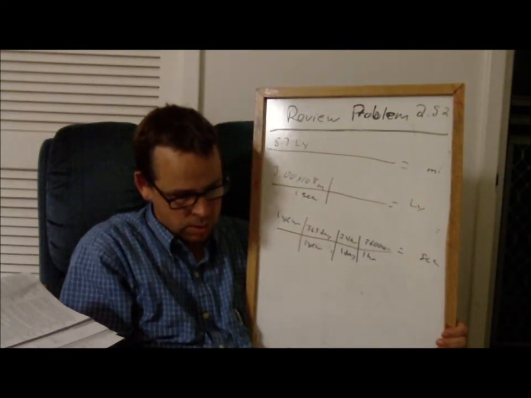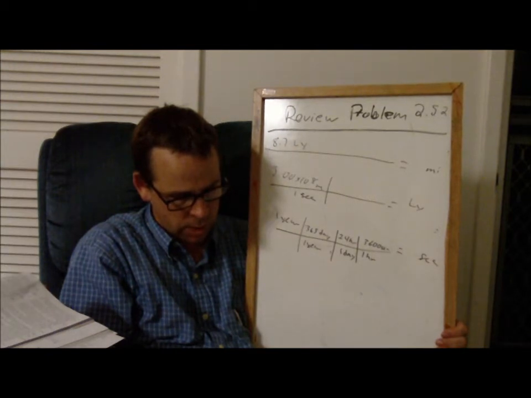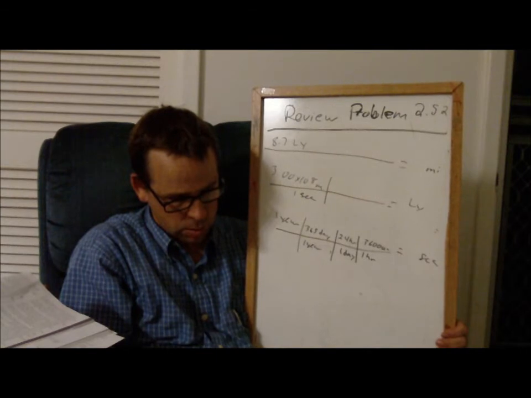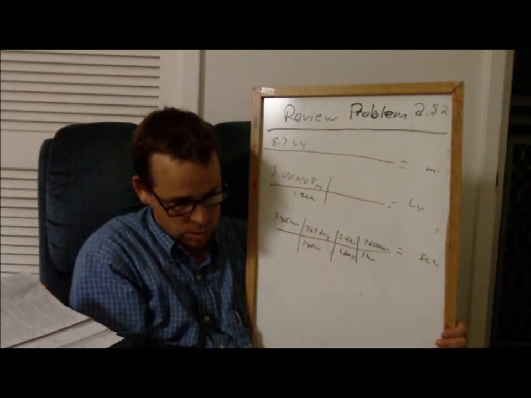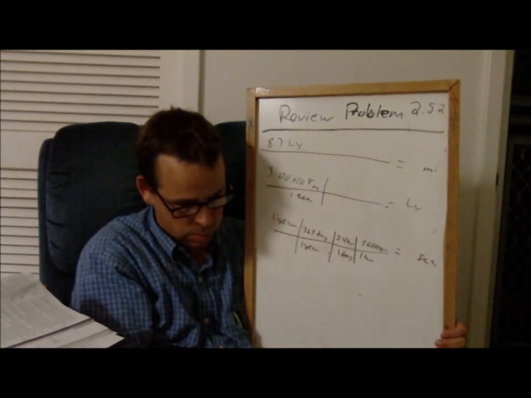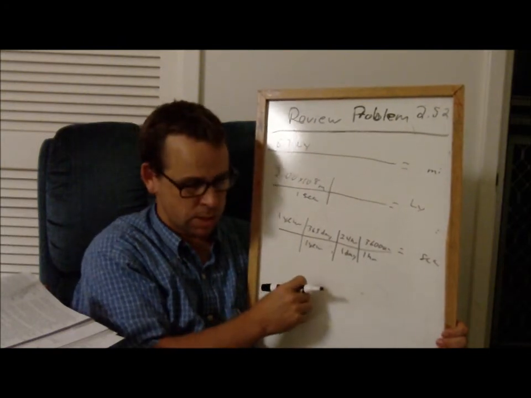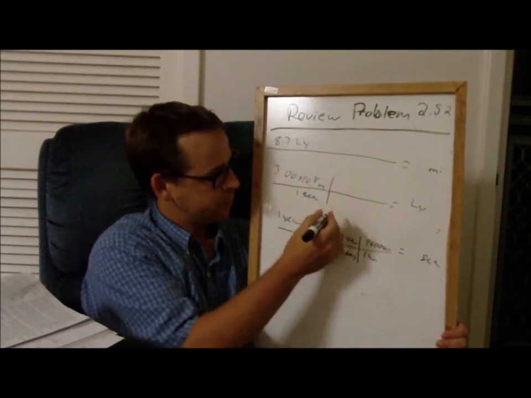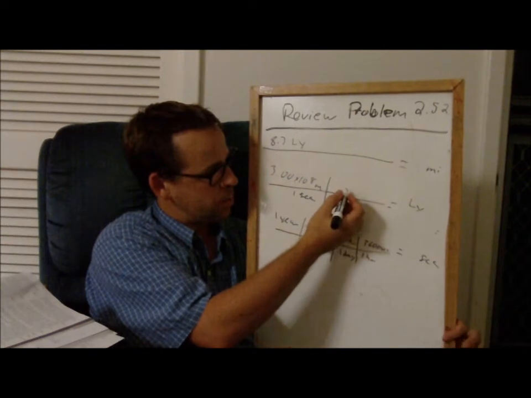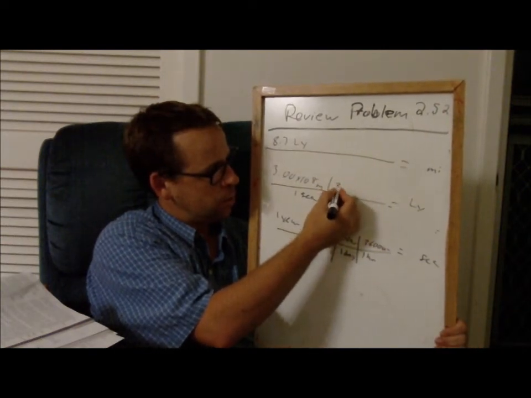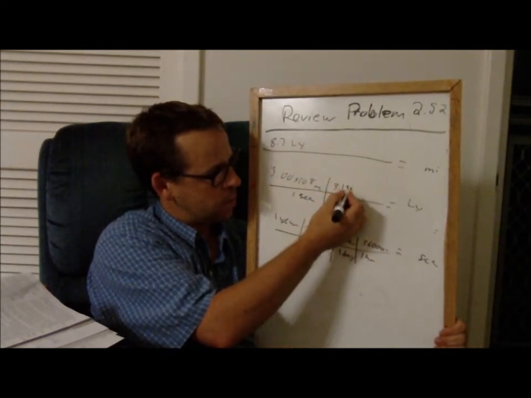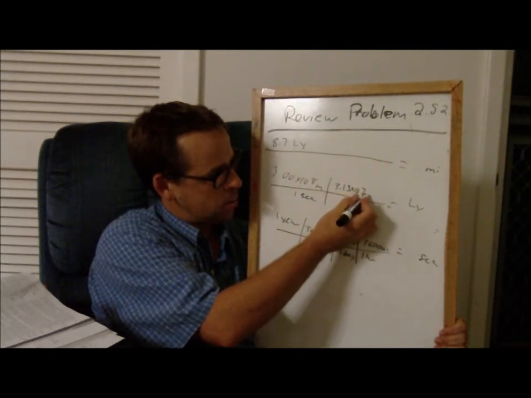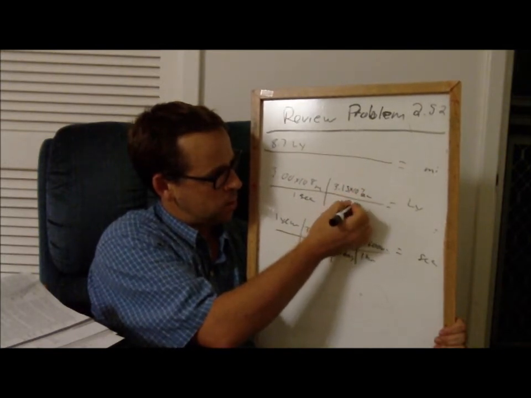So that's 3.15 times 10 to the 7. Alright, that's how many seconds there are for every year. So there's 3.15 times 10 to the 7th seconds in every 1 year.